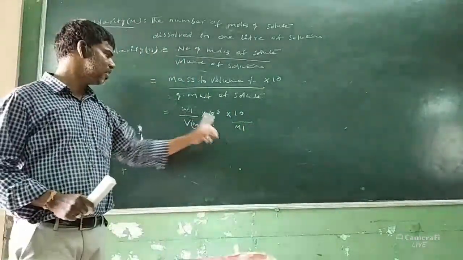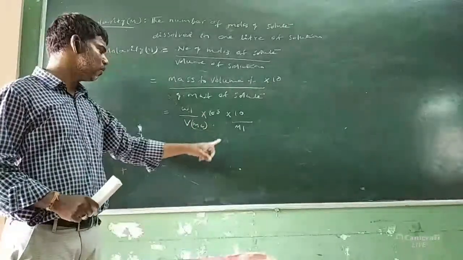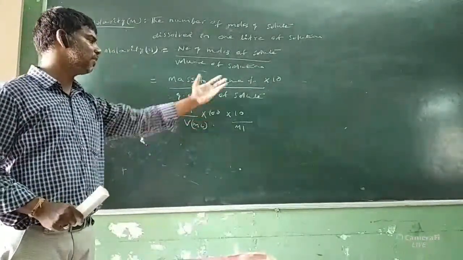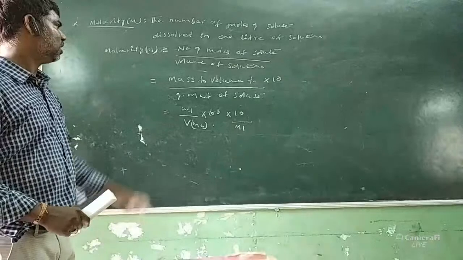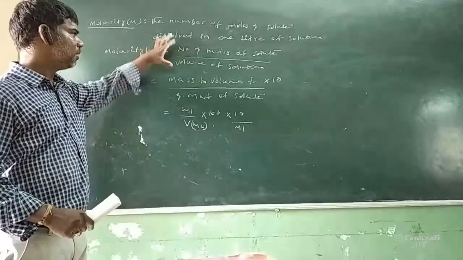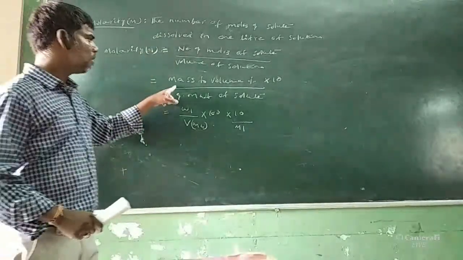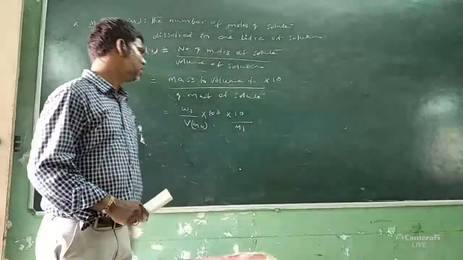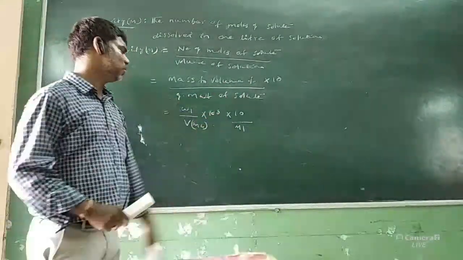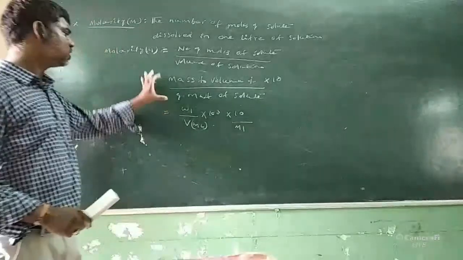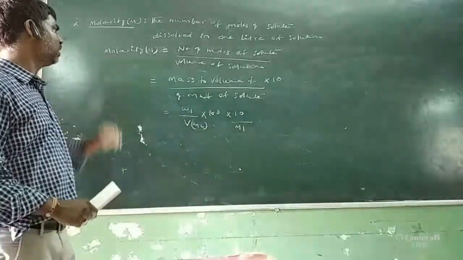W1 by M1 is the number of moles, so number of moles to volume into 1000 in the ml we have. So the number of moles of solute by volume of solution we can write as mass to volume percentage into 10 by gram molecular weight of solute. It is one more formula for calculating molarity.